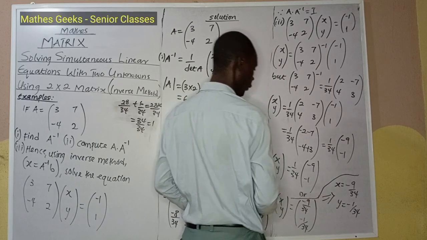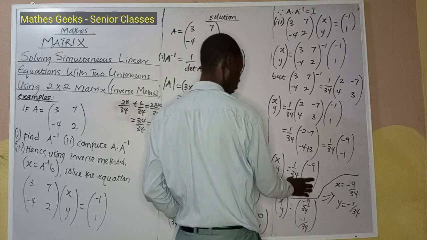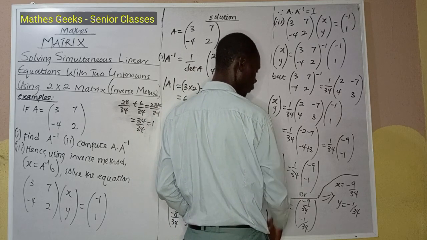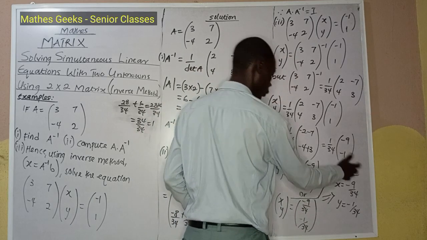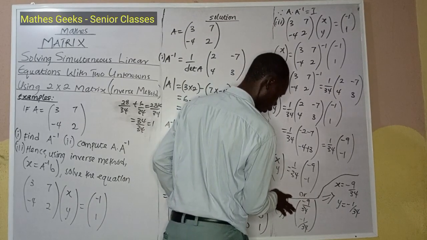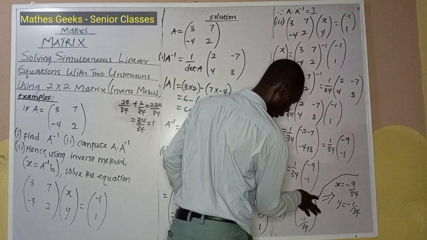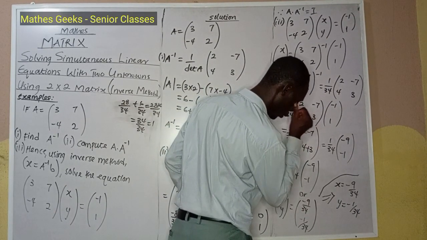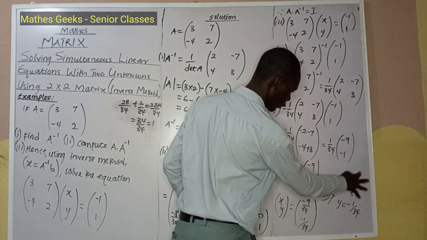So either the answer can be left in this form or it can be left in this form. Same thing. We can as well just clean up this line so it doesn't look confusing. So from here we go to this point.